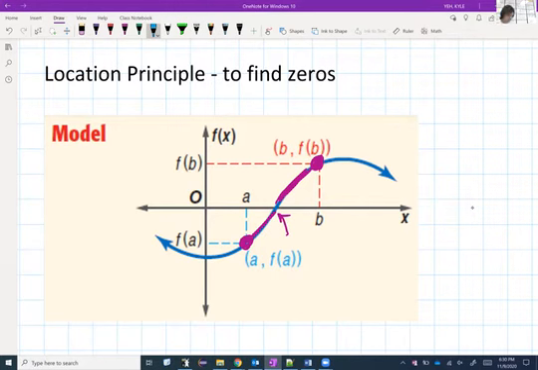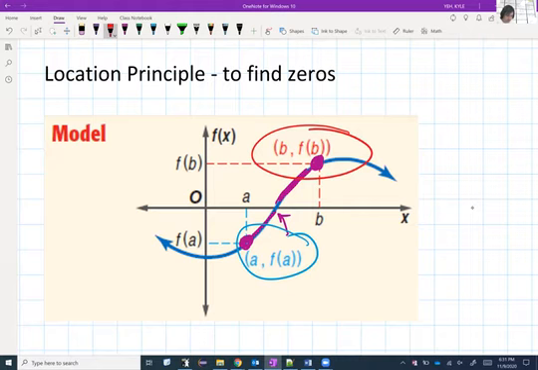And here's what it says. If we plug in some x value, and let's say we get a value below the x-axis, like the one I just circled, and then we plug in another x value and we get something above the x-axis, what the location principle says is somewhere in between those 2 points, A and B, that we plugged in, we must have crossed the x-axis.